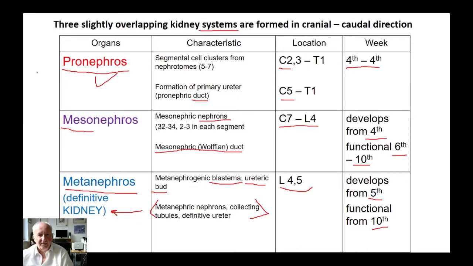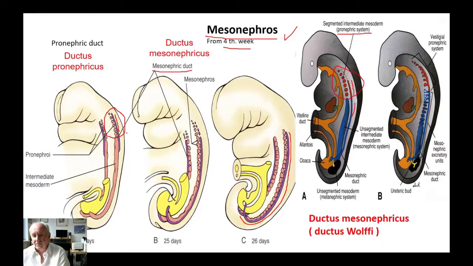This system has vanished. This system is vanishing slowly, and we will need only some tubules of mesonephros at the male reproductive system, because we need some important tubules in the epididymis.